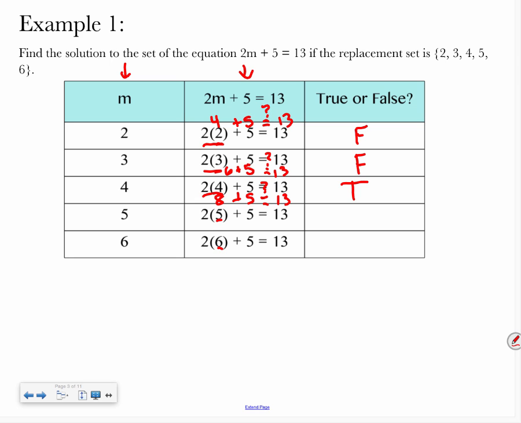Then 2 times 5 is 10 plus 5. No, that's false. 2 times 6 is 12, plus 5 is 17, not 13, so this is also false. So the number that makes this true is 4. That is our solution.